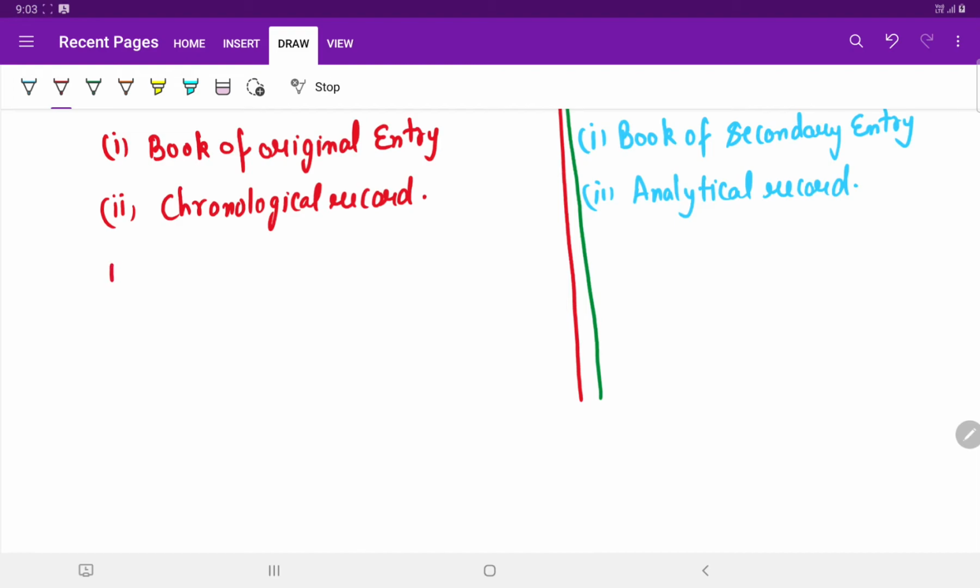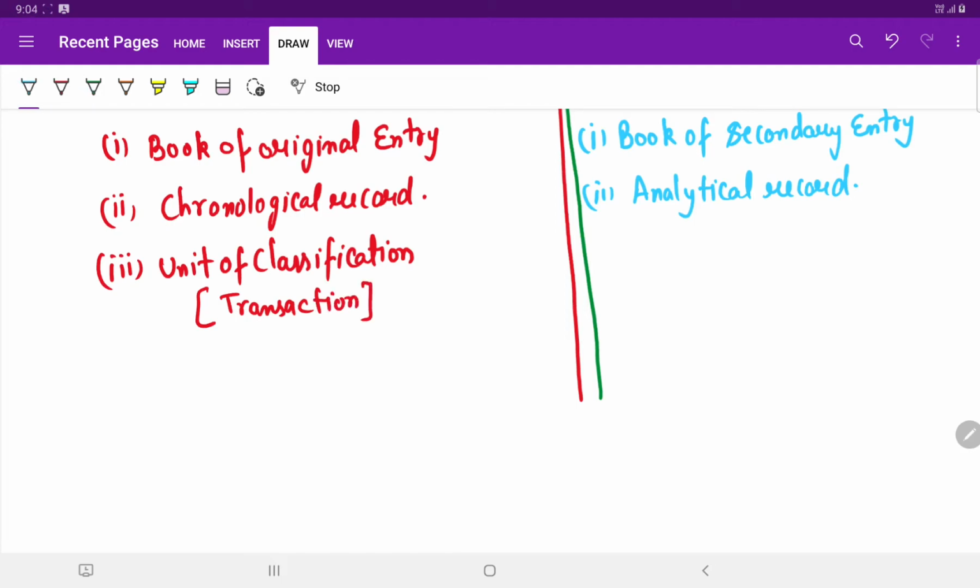Now the third point we shall be highlighting as a difference is the unit of classification. The unit of classification of data within the journal is the transaction, whereas in case of the ledger, the unit of classification is the account.